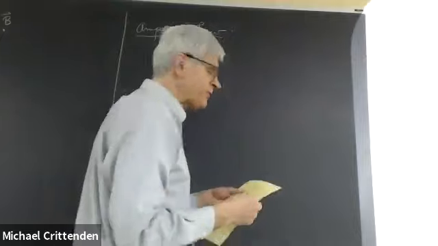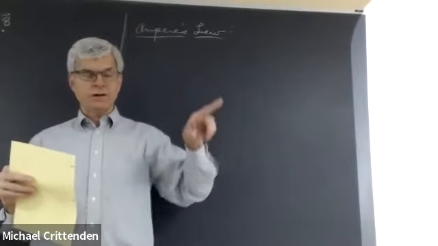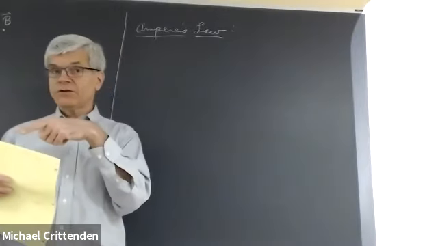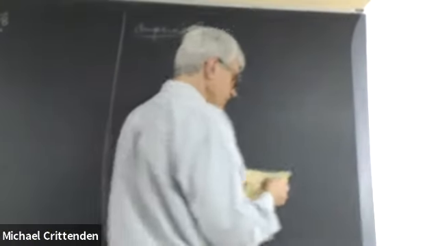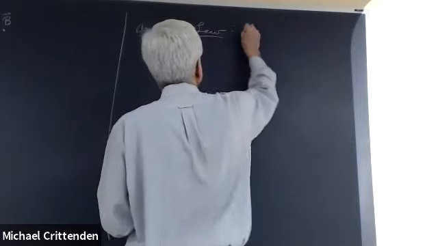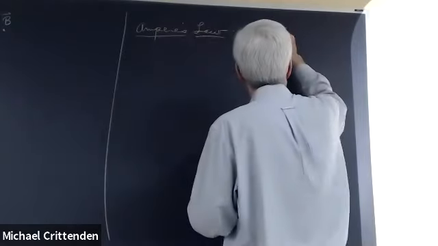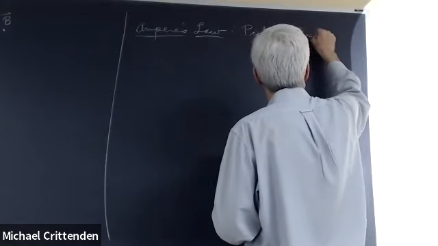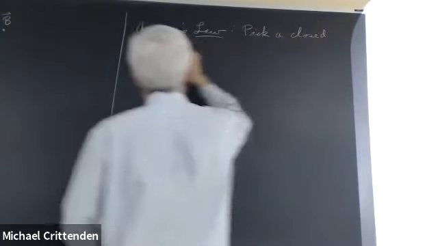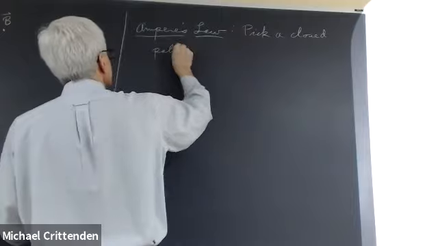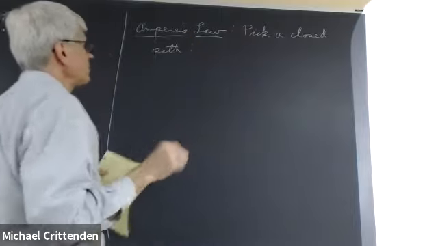So you have to pick some closed path, closed meaning that if you follow it for long enough, you end up back where it started. So Ampere's law, pick a closed path.